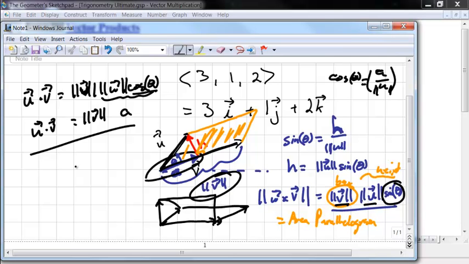The dot product is going to be positive anytime the angle between the two is acute, and if it's an obtuse angle like this between, say, u and v, then you get a negative dot product.